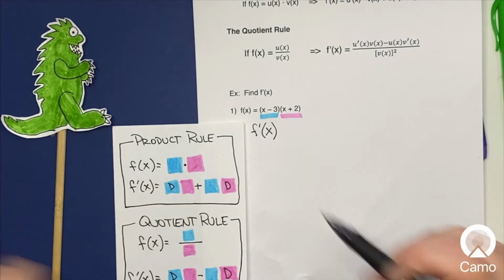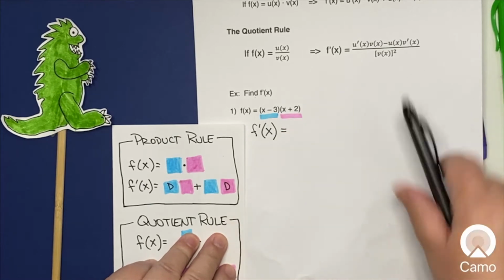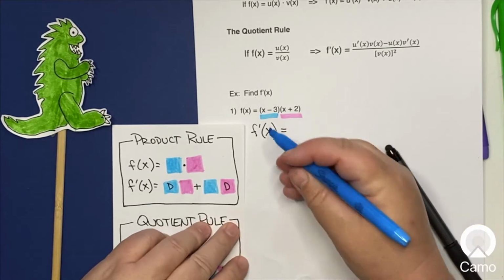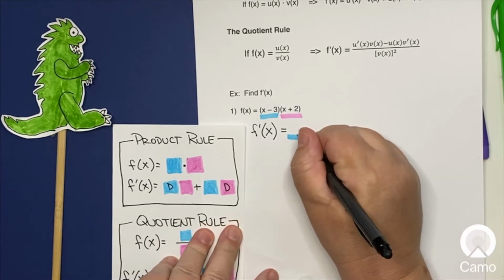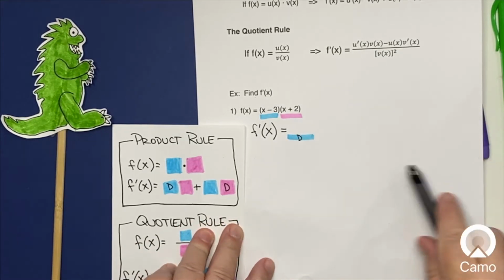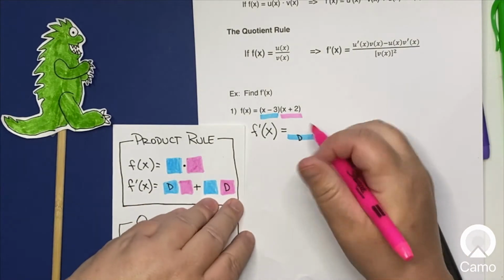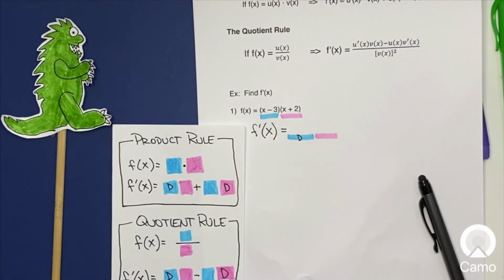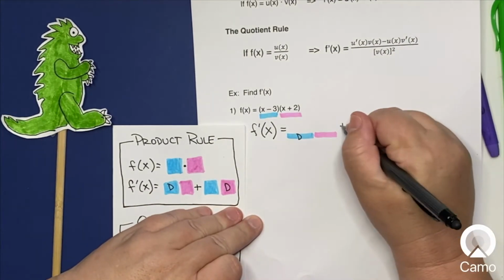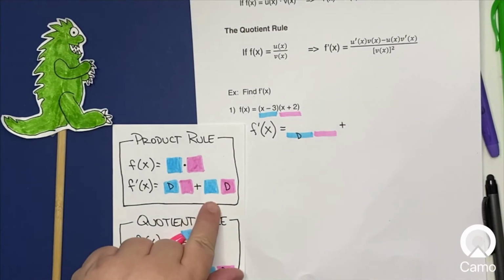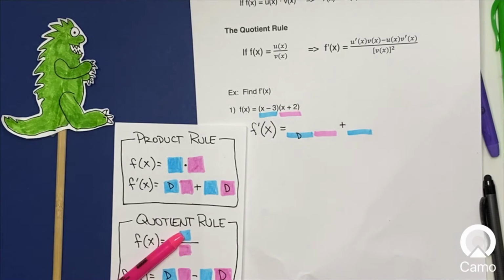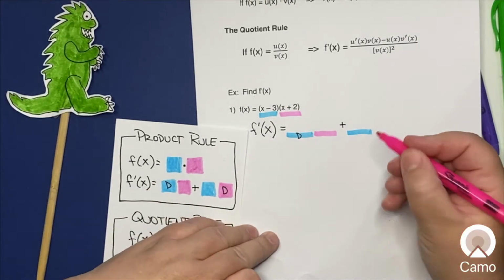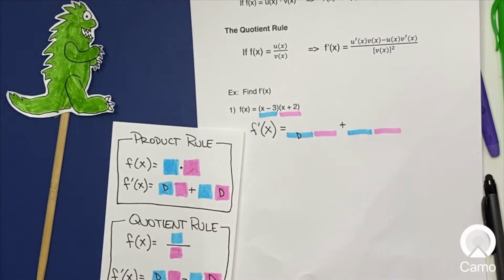Then the derivative is going to be the derivative of the blue times the pink, plain pink, and then we add to that, now this time it's plain blue, no derivative, but we're going to take the derivative of the pink one.